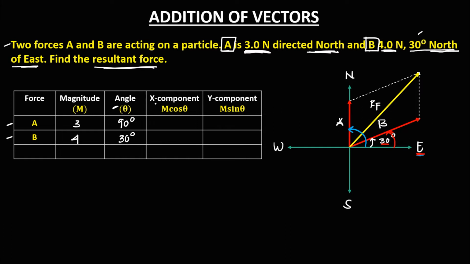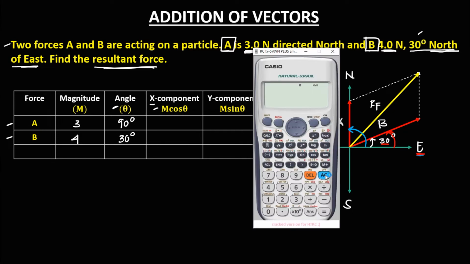Then to solve for the x component using this formula, we have the magnitude times cosine theta. For force A, the magnitude is 3, then cosine of 90 degrees equals, so the x component for force A is 0.